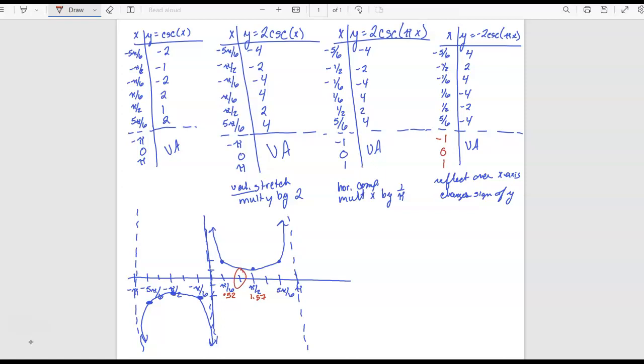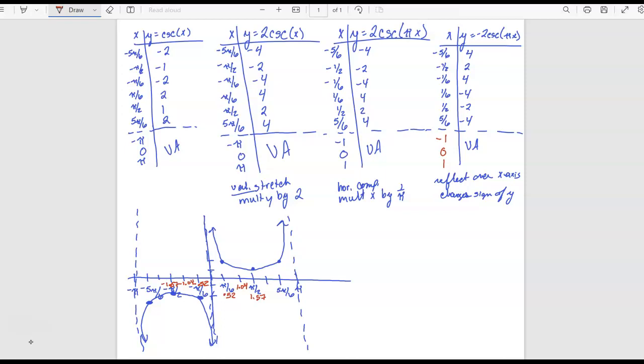So this guy would be at 2 pi over 6, which would be 1.04. Same thing here. This would be at negative 0.52. This would be negative 1.04. And this would be negative 1.57.